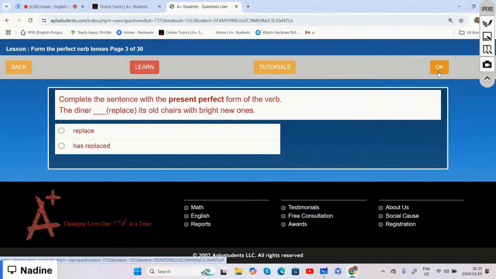So option one, replace, or option two, has replaced. Remember, we're doing the present perfect. So do we say the diner replace or has replaced?